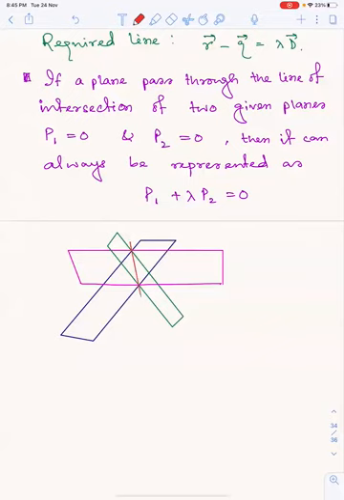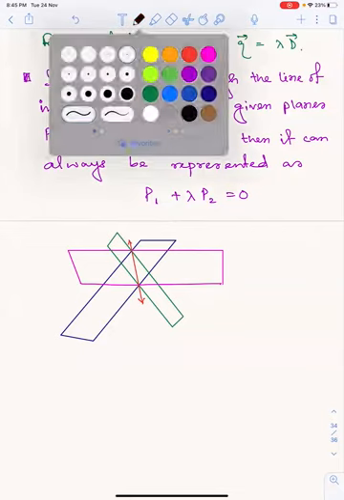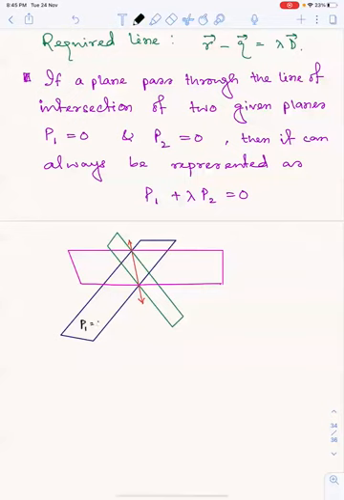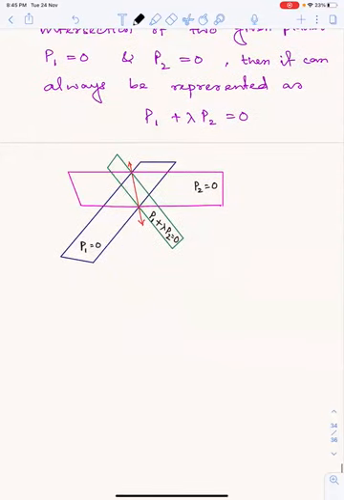This was the line of intersection, which is common to all the planes. So if this blue plane is your P1 equals 0, and the pink one is your P2 equals 0, then the green plane can definitely be marked as P1 plus lambda P2 equals 0. Is the idea clear to everyone?